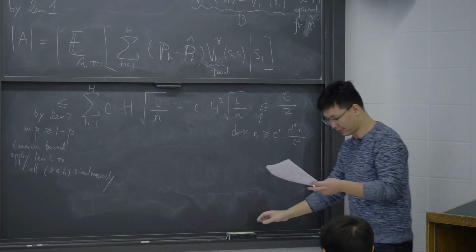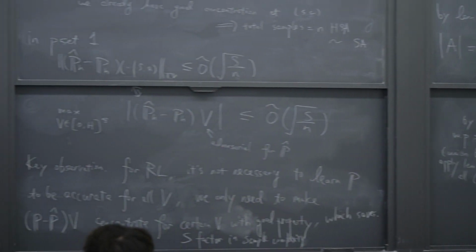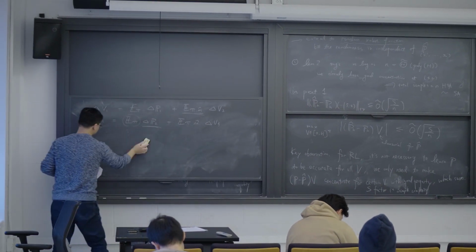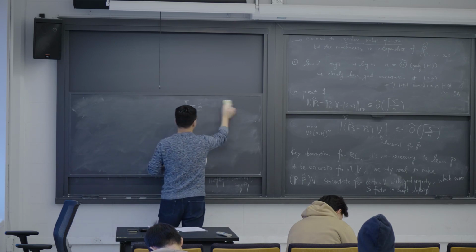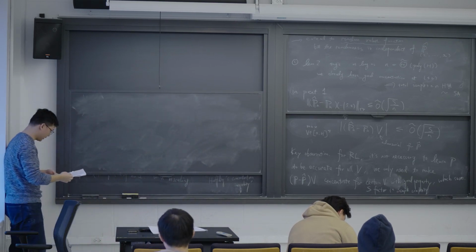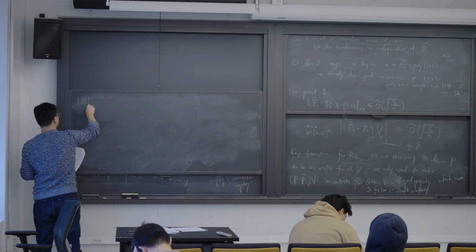Okay, so this is one term. We essentially just need to argue the similar thing for the second term, and then we're done. The second term is slightly more complicated to argue, but we can manage that. So we look at the B term.